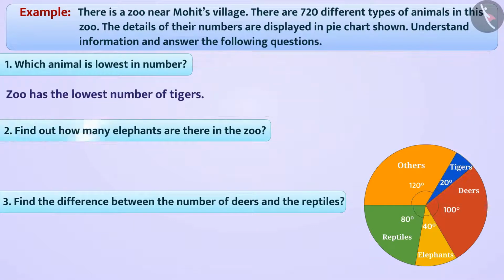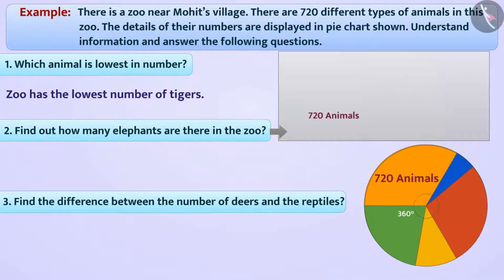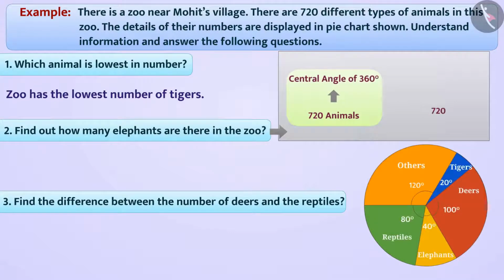Find out how many elephants are there in the zoo. A total of 720 animals are represented here from a central angle of 360 degrees. In this way, 720 divided by 360 animals can be represented from a central angle of 1 degree.